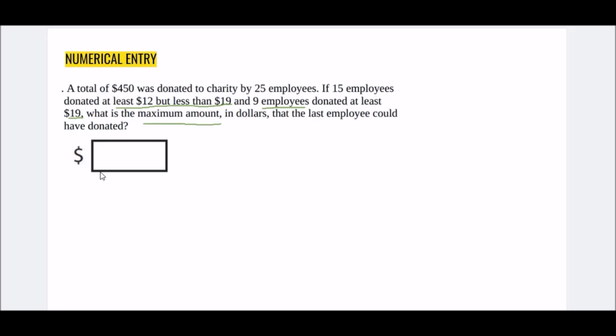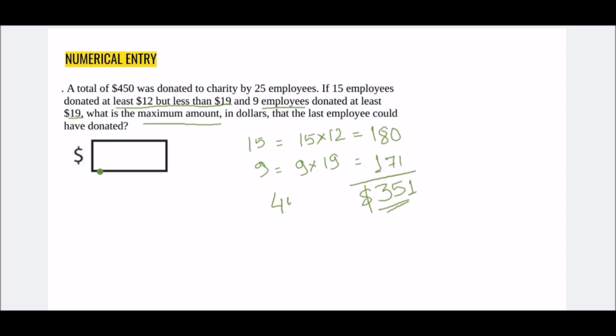By considering the least amount for 15 employees, the total value becomes 15 into $12, that will be $180, and for the 9 employees the amount will be 9 into 19, that will be $171. So the total amount will be $351. Now we'll find out the remaining amount, that is 450 minus 351, it will become $99.